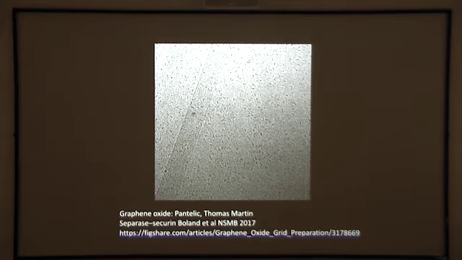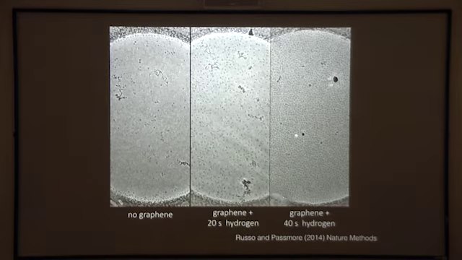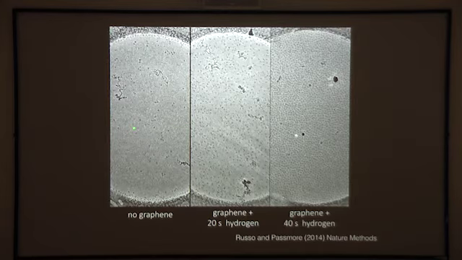Graphene supports, on the other hand, are difficult to make, but would have more ideal properties. And so here we used partial hydrogenation of the graphene surface to show that, for ribosomes with the same solution concentration, different hydrogen plasma treatments affect how many ribosomes adsorb to that surface. So with no graphene, there's very few ribosomes, and they're mostly stuck to the edges of the hole.